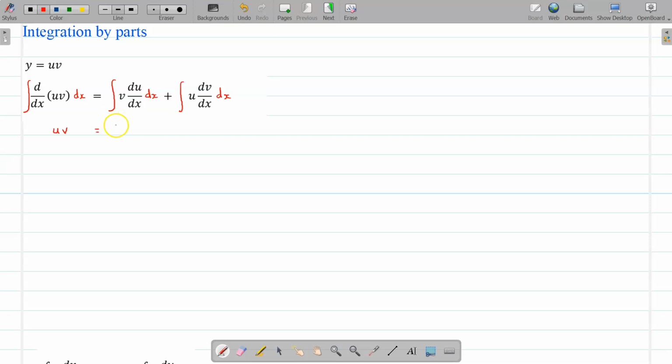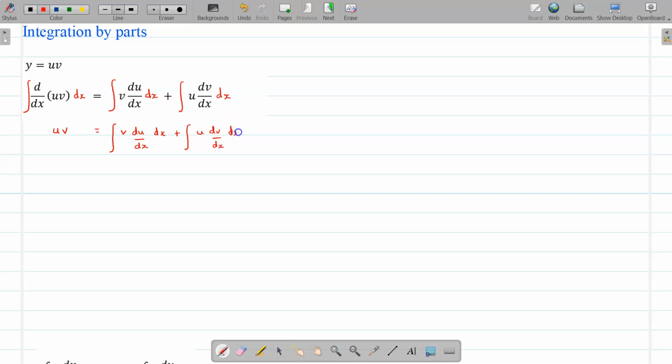So it's the integral of v du by dx with respect to x, plus the integral of u dv by dx with respect to x.